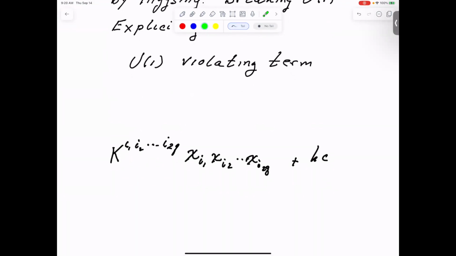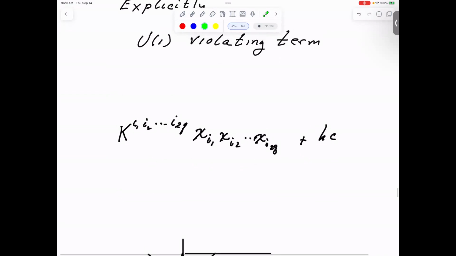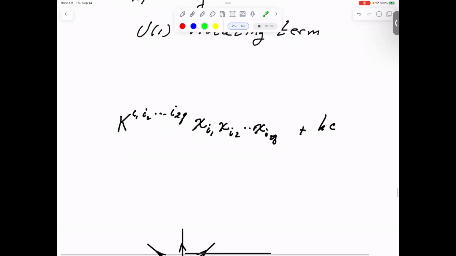I find the simplest way, which is most easy to work with, is just to take a term in the Hamiltonian which is very similar to the usual terms. Instead of J, we have a K, but instead of having half fermions and half antifermions, take a term which is the product of 2Q fermions and another term which is the product of 2Q antifermions.